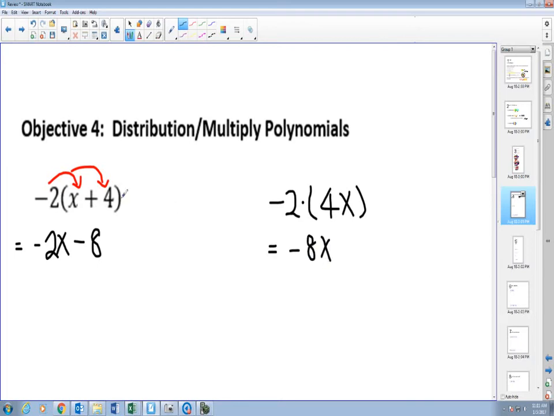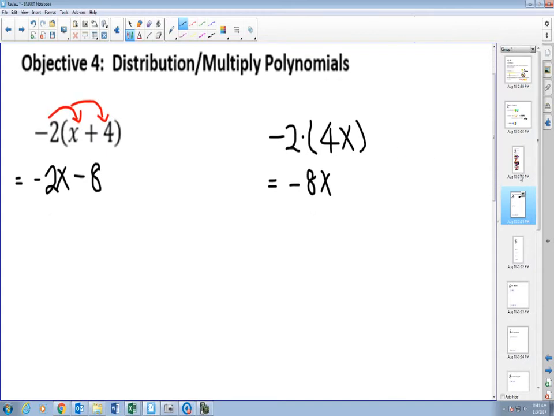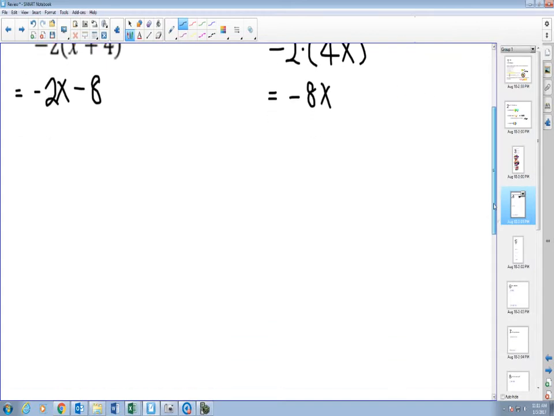So how many terms a problem has dictates how we go about simplifying it. And that's why we have to understand terms first.